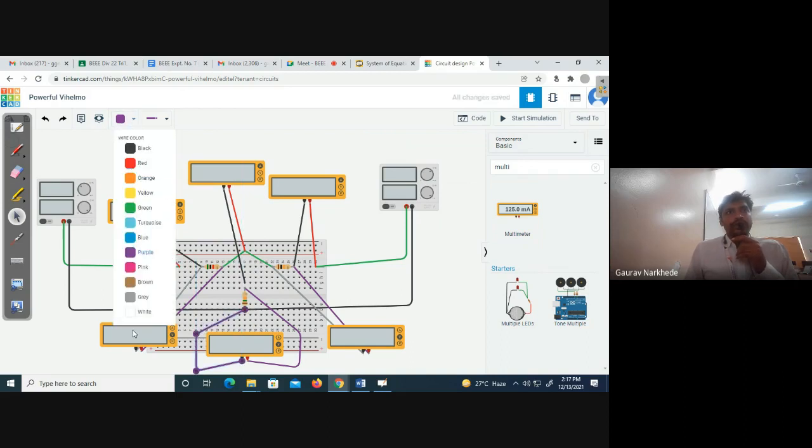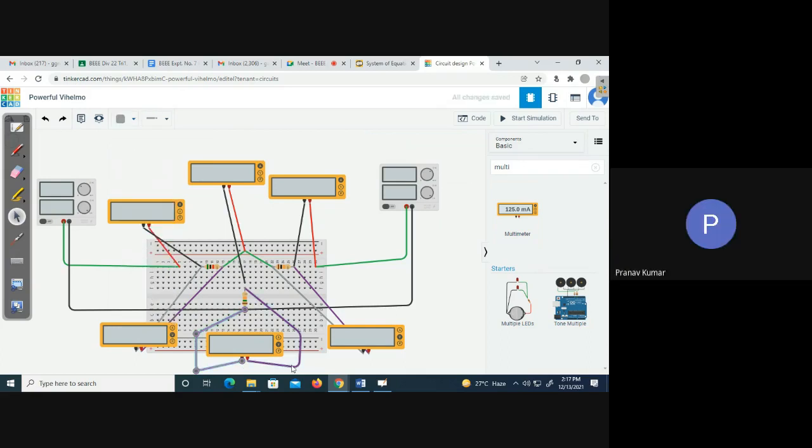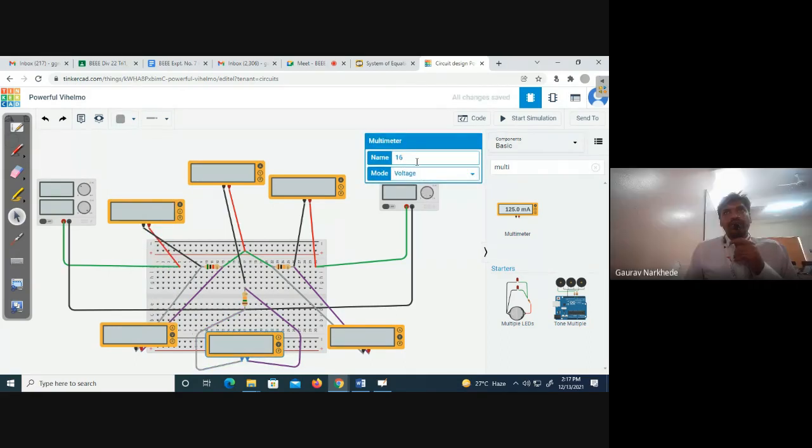Is it okay whatever I am doing? Yes, sir. And whatever voltage I am getting, I will just call it VR3, right?